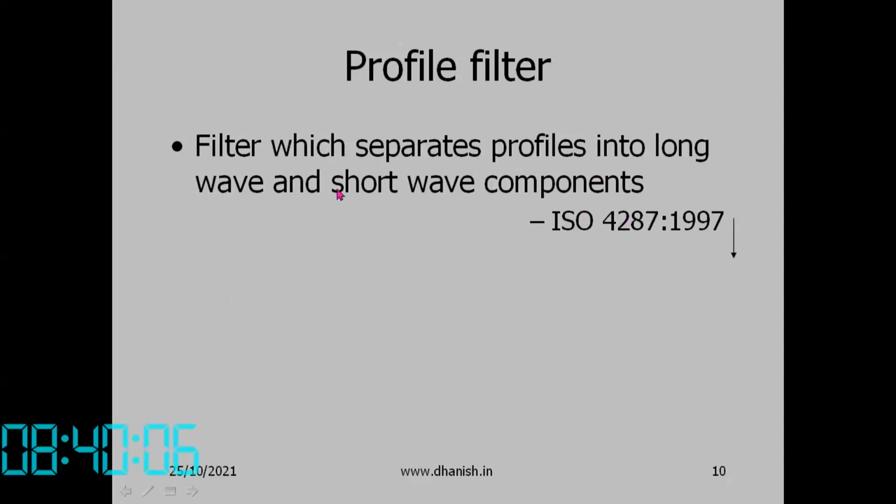The digitized data is mathematically filtered into short wave and long wave components. Basically, we convert into a Fourier series, and the long wavelengths, or whatever we want to filter out, are filtered.